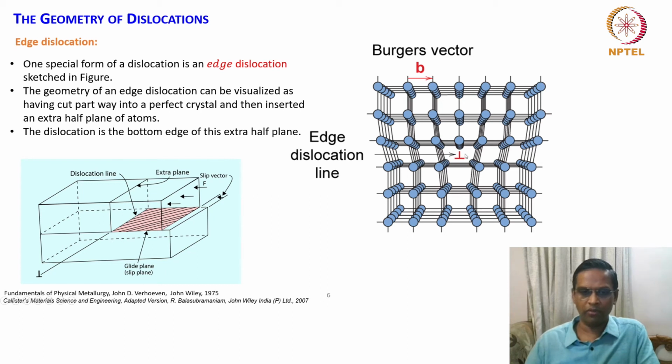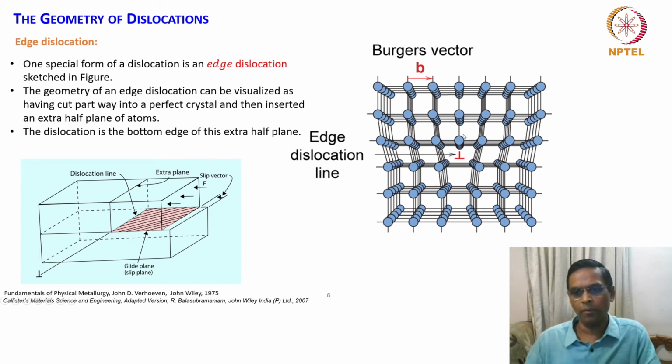Because we are seeing it from the front, and this picture shows much more detail, more can be found here. This extra half plane is inserted in the crystal and moves in a plane called a glide plane or a slip plane. You can see the edge dislocation symbol here.